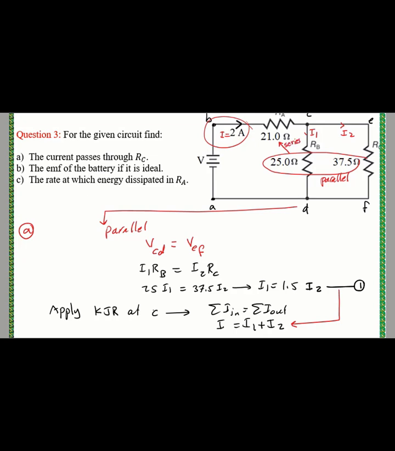So first, do the parallel. For the parallel, R between C and D equals RC multiplied by RB over RC plus RB, or 1 over RC plus 1 over RB, inverse.